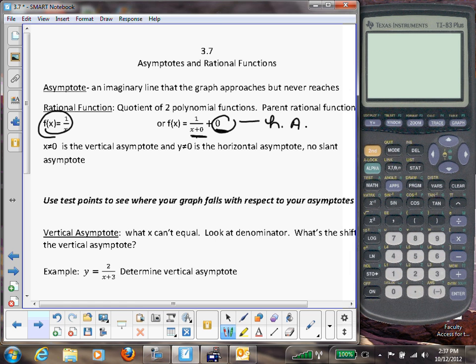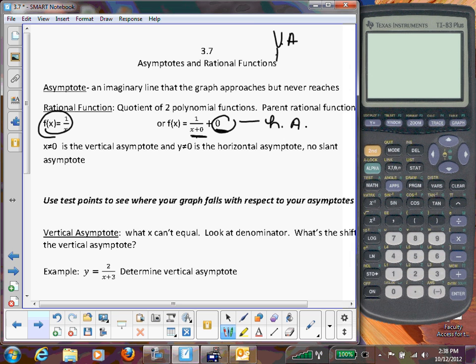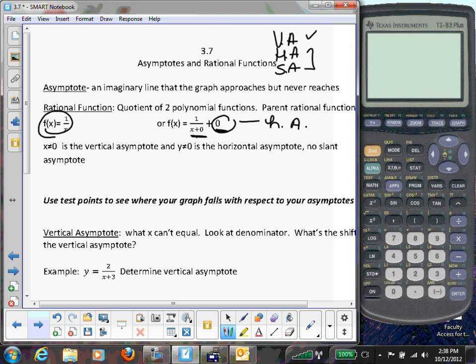Your options for asymptotes are either going to be a vertical asymptote, a horizontal asymptote, or a slant asymptote. You always check for this one, and then you have a choice of either the horizontal or the slant. Never will you have both the horizontal and the slant. It's either one or the other for these rational functions.